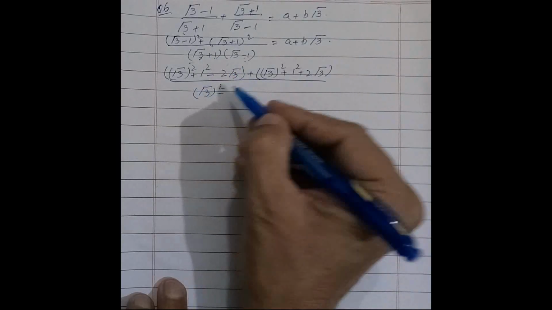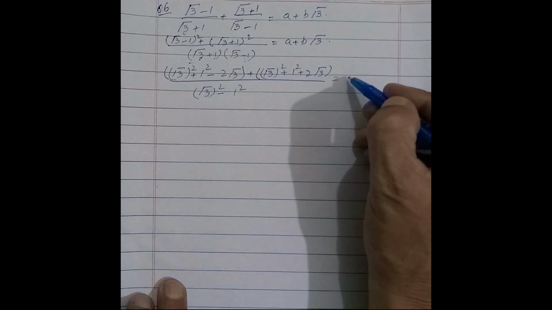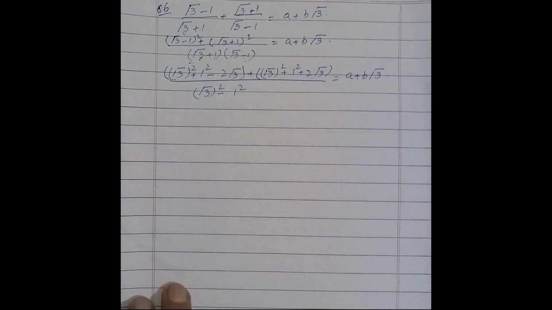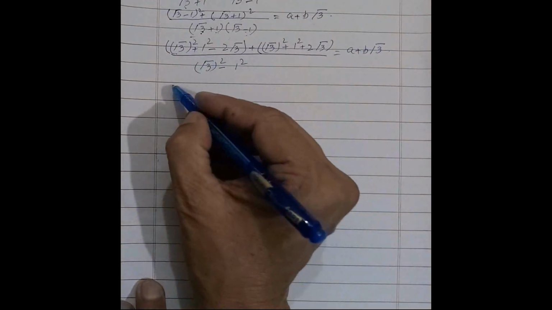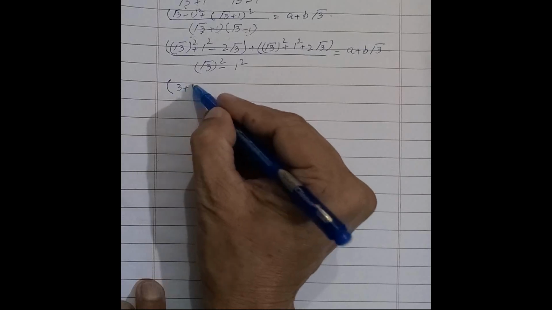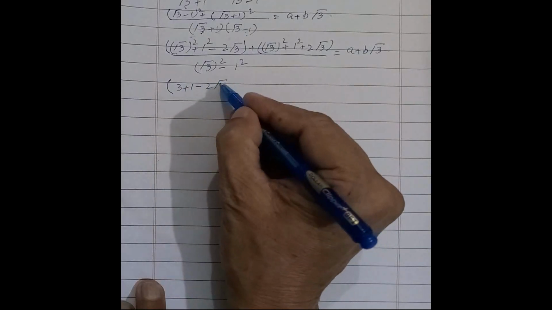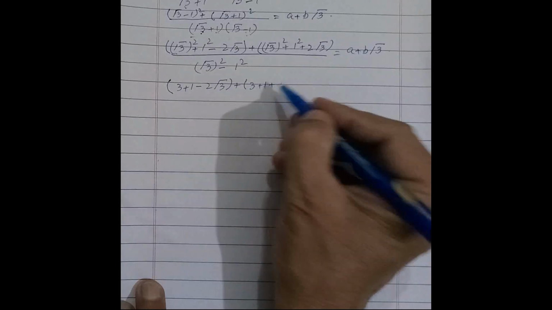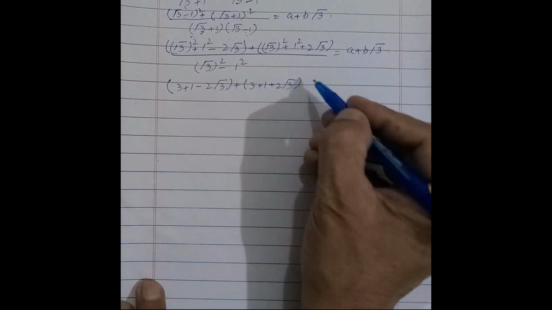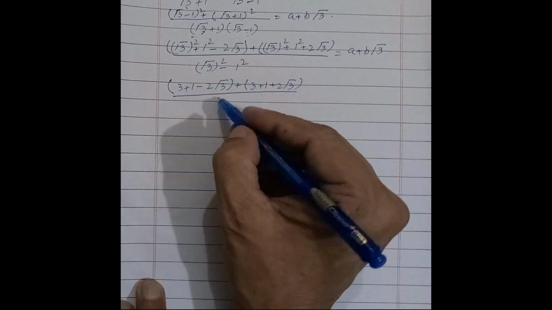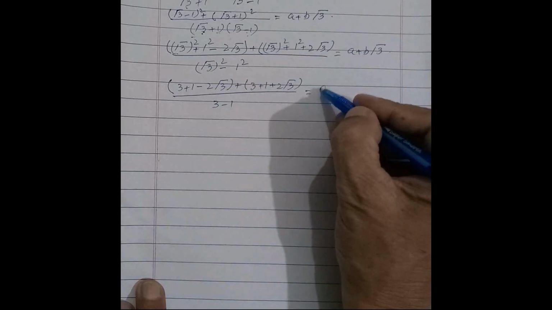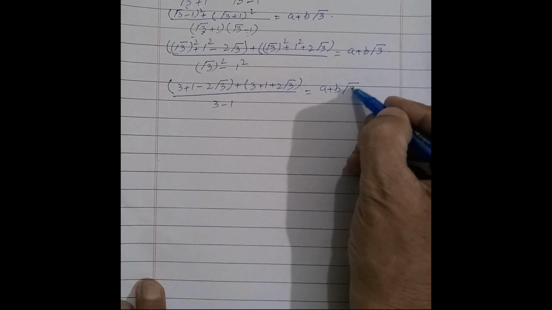So, square root 3 square minus 1 square is equal to a plus b square root 3. Simplify these values. It is 3 plus 1 minus 2 square root 3 plus 3 plus 1 plus 2 square root 3 over 3 minus 1 is equal to a plus b square root 3.